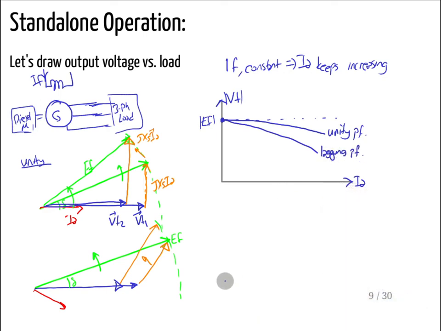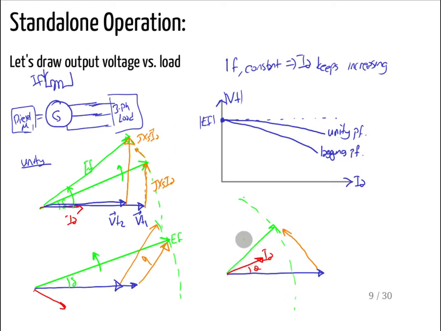However, if you do the same thing for a leading power factor, if it is like that, with theta IA, now our EF, let's say, is going to be somewhere here. It's going to be moving along that line, right?